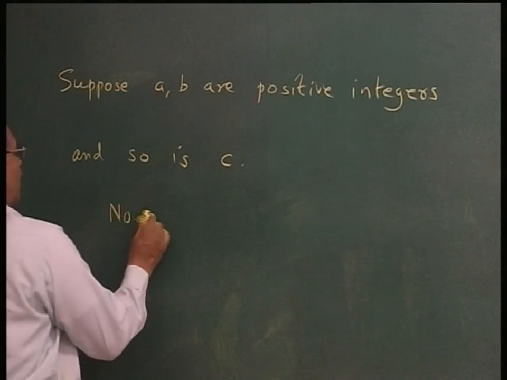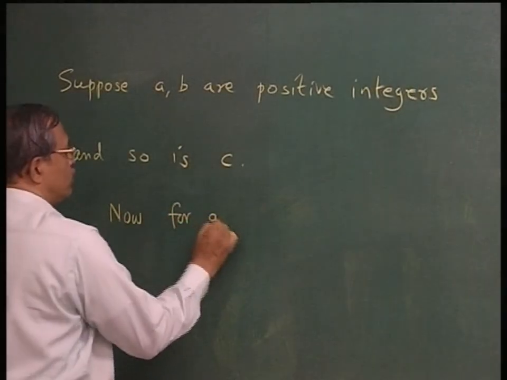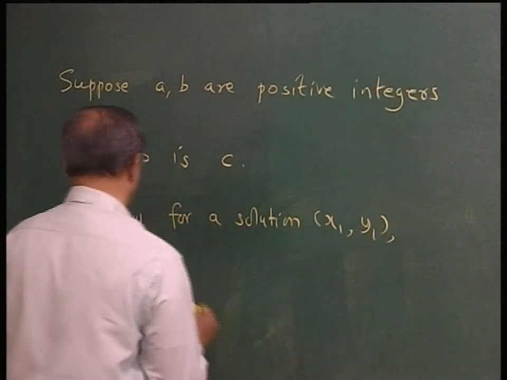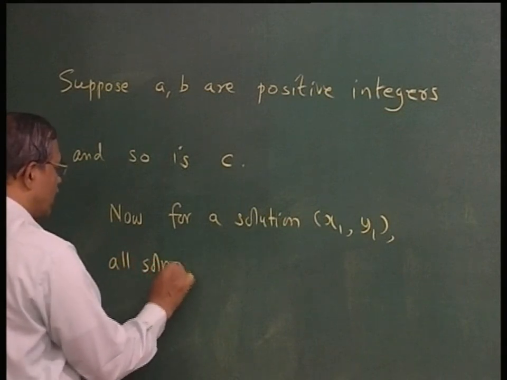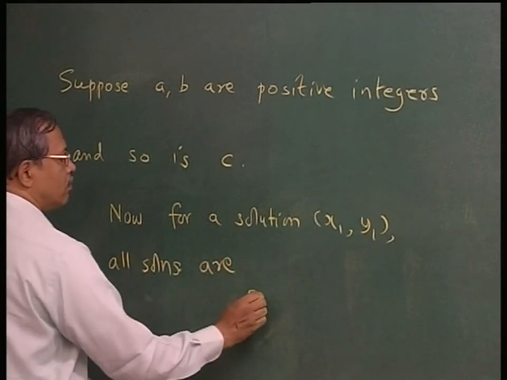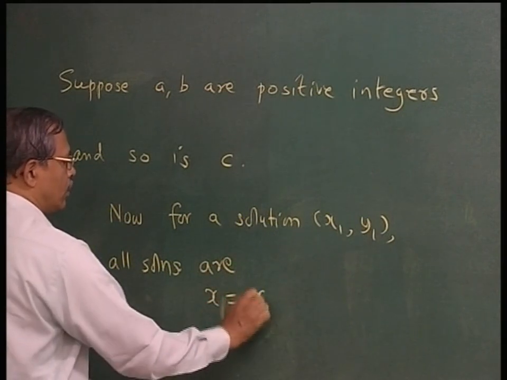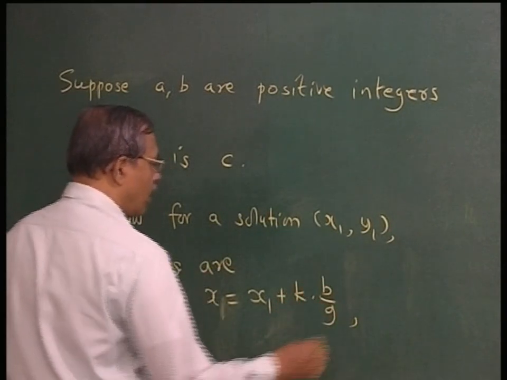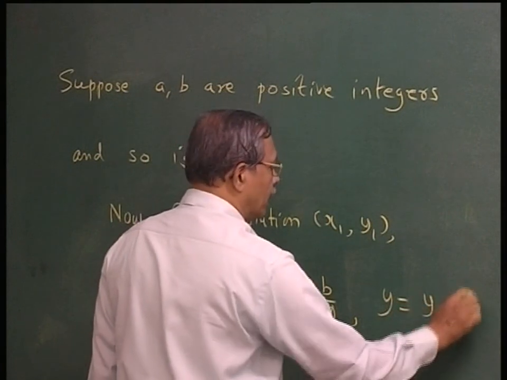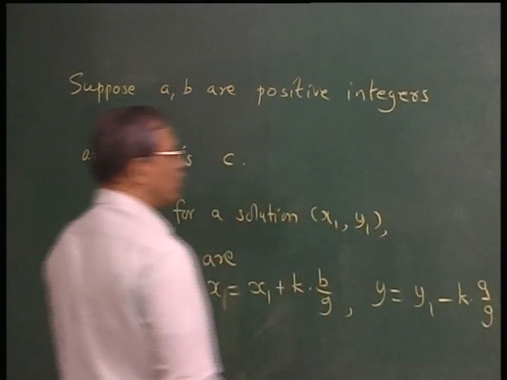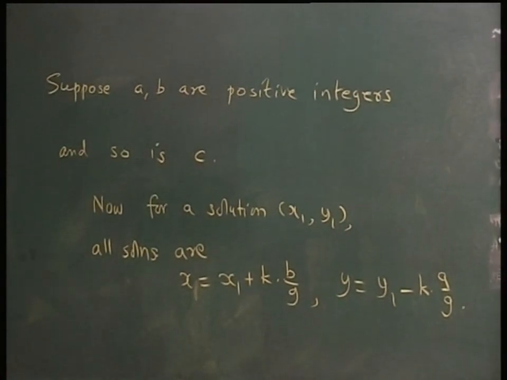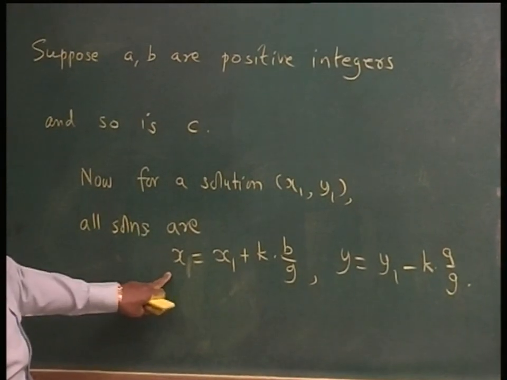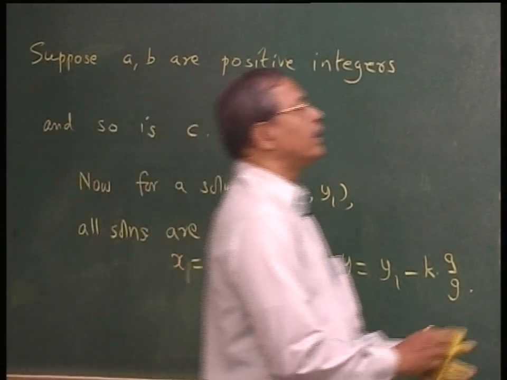Now for a solution x1, y1, all solutions are x equal to x1 plus k b by g, y equal to y1 minus k a by g. These are all solutions. So we want x and y, suppose both are required to be positive.